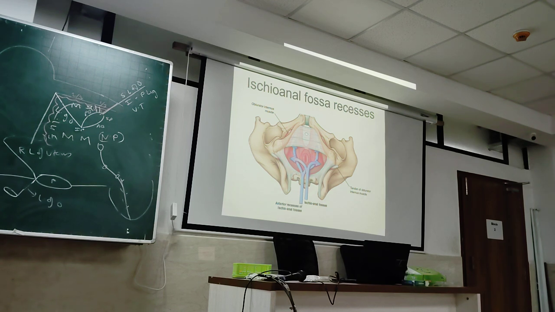So anterior recess going into the urogenital triangle, lateral recess going to the gluteal region, and a horseshoe recess connecting the two. Ischioanal fat is loose fat. It is also poorly supplied by blood vessels. So infection from one fossa easily spreads to the other one through the horseshoe recess.